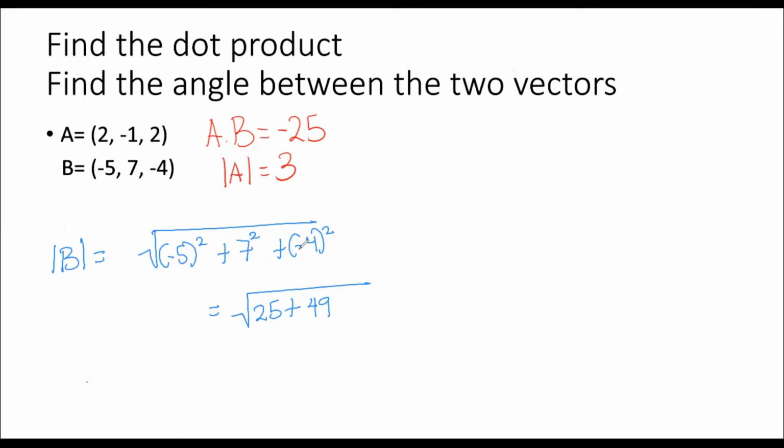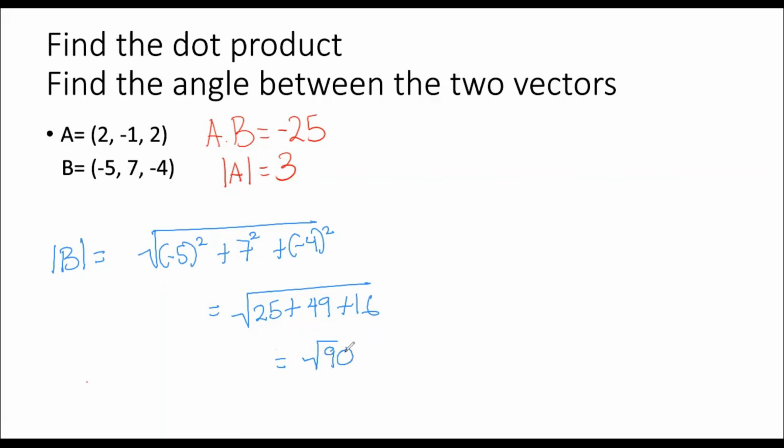The square of minus 4 is 16, so plus 16. So 25 plus 49 plus 16 should give me somewhere around 90. Yes, 90.